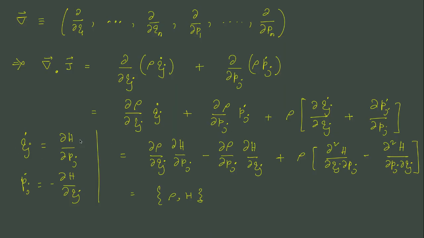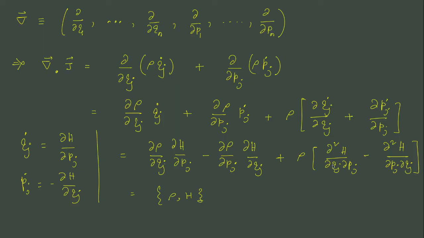Next, we look at Hamilton's equations. Of course, all points in the phase space satisfy Hamilton's equations. So qj dot is del H del pj, and pj dot is negative del H del qj. We substitute that in this equation everywhere, and when we do that, we see the last term cancels.